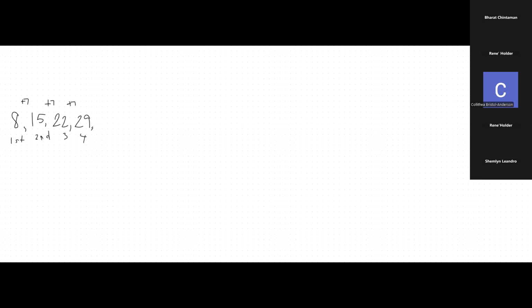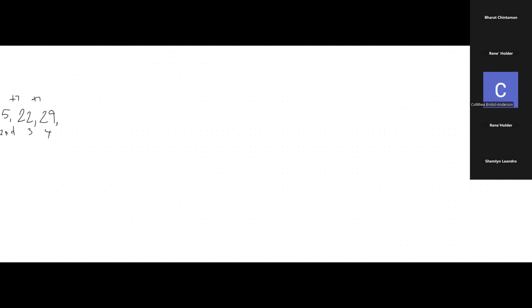And lastly, we want our fifth term. We're going to add 7 once more to our 29. And what will we get? Correct, 36.